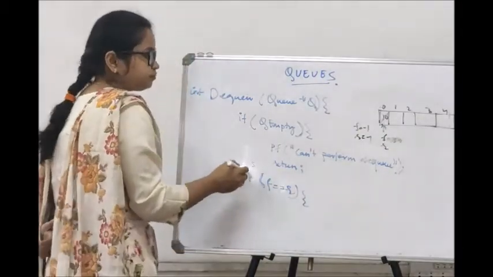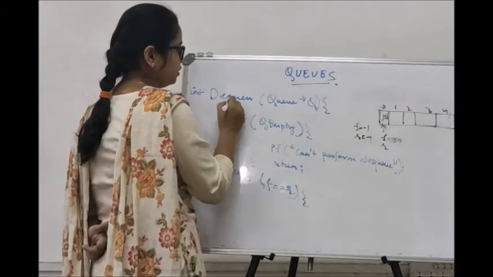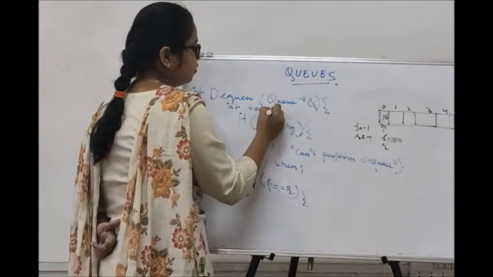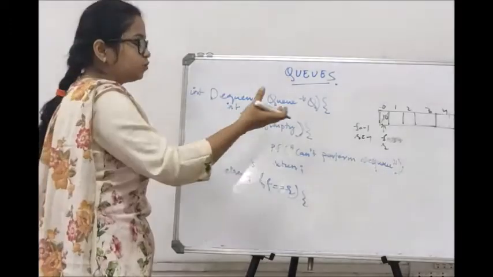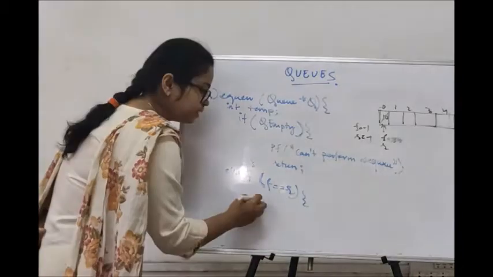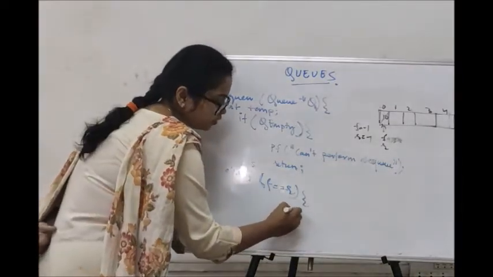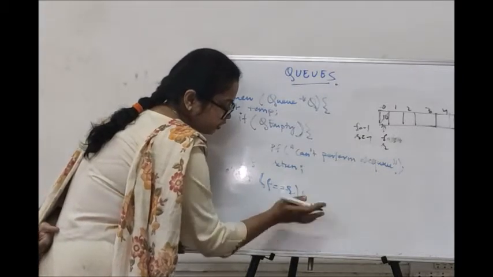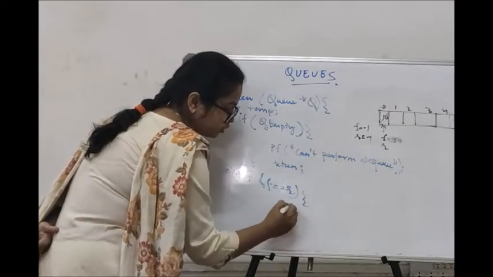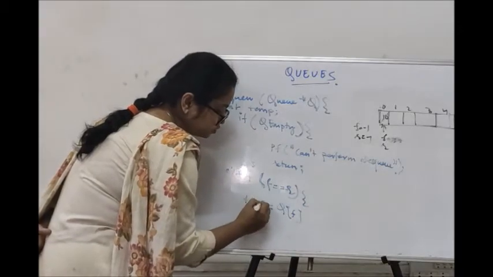We have to define and keep a temporary variable. Why is temp defined? Because we need to get the value out and put it somewhere, right? So we will simply delete it. We will get Q front, QF, into temp. It is stored in temp.